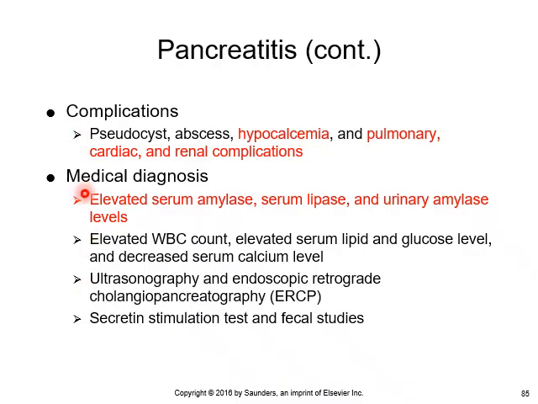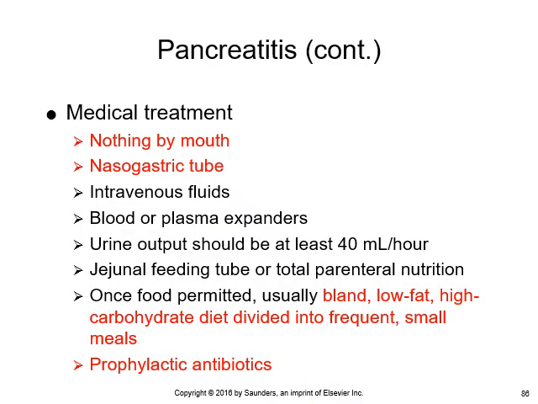Okay, again, to diagnose this, we will check the pancreatic enzymes, the amylase and lipase, and they will be elevated. Also, elevated white blood cell count if there's an infection. Medical treatment: the patient will be nothing by mouth. We will use a nasogastric tube, intravenous fluids, blood or plasma expanders.